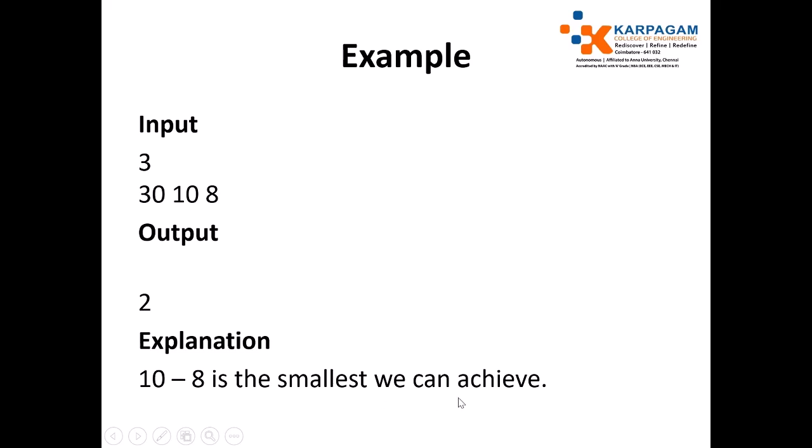There are other possibilities, but we can't achieve less than 2. We can subtract 30 minus 10 to get 20, which is very high compared to 2. So 2 is the correct answer.